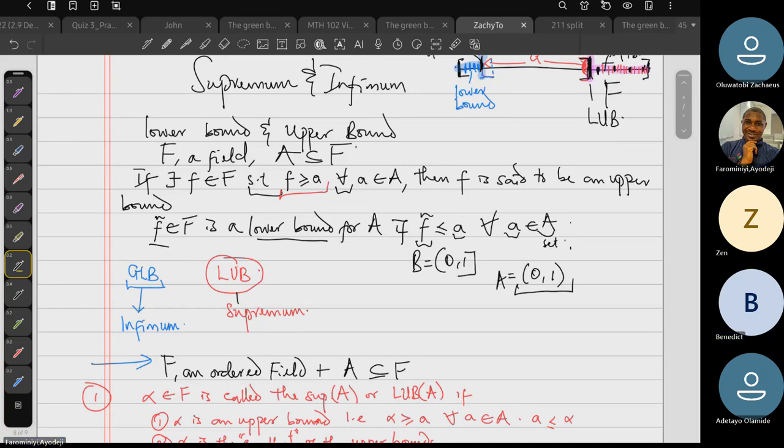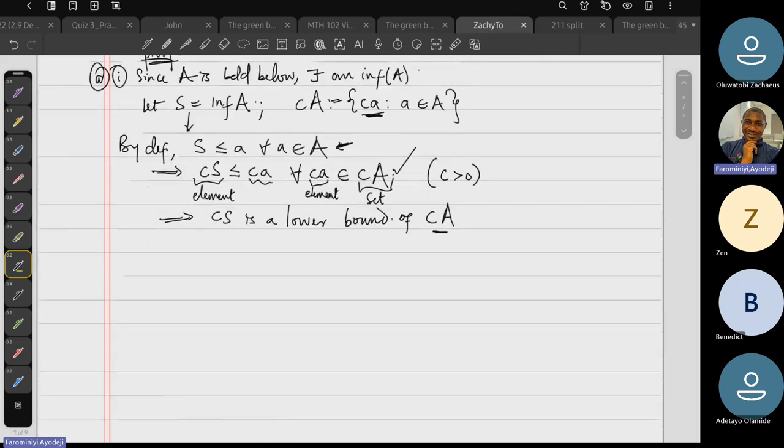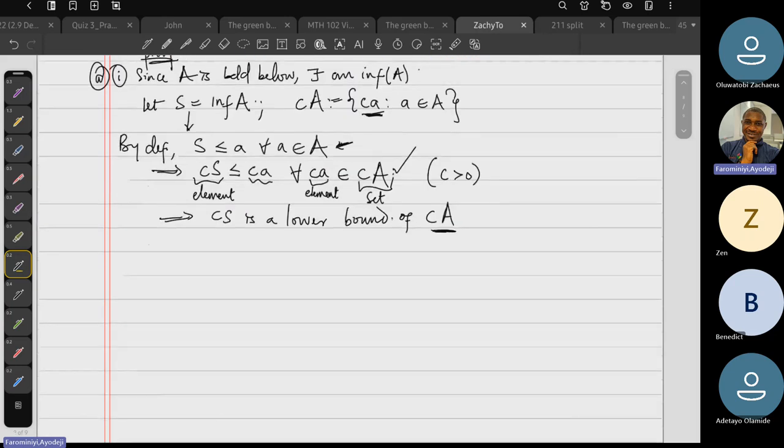In this case our set is CA, and we have seen an element that is less than all the elements of CA. So CS is definitely a lower bound. Is that clear?